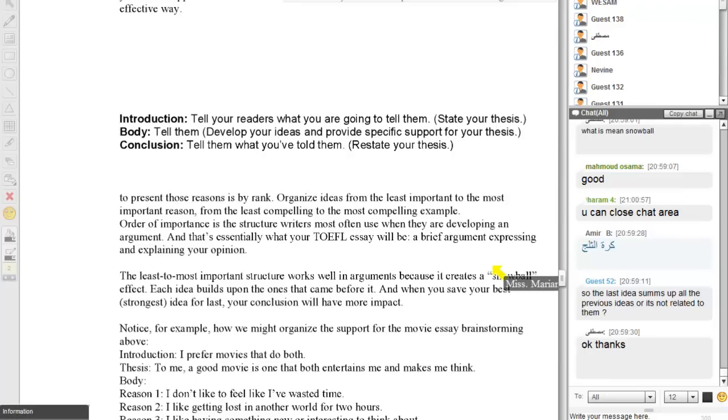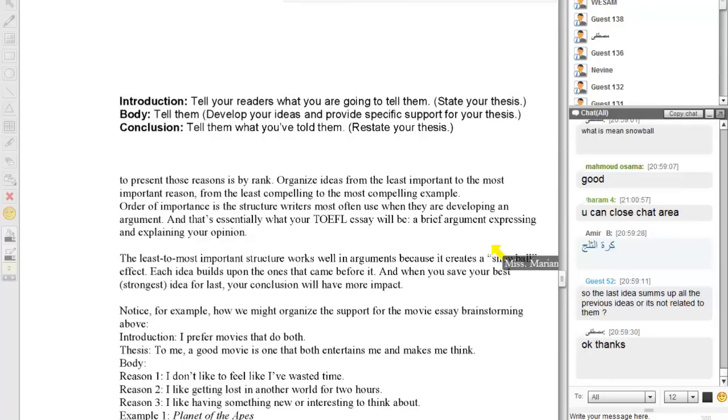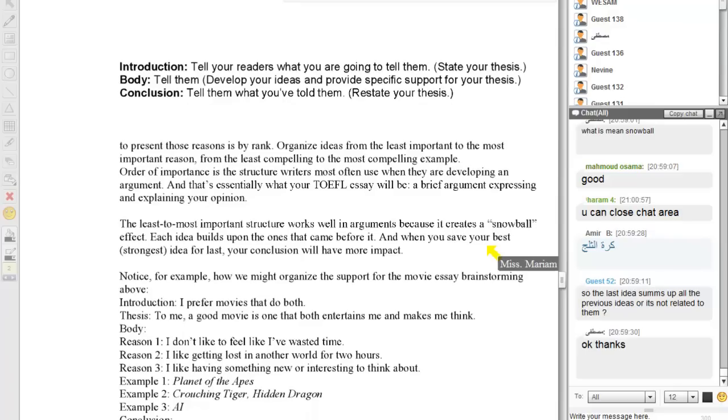You know the saying, keep the good for the end? When you save your best, strongest idea for last, your conclusion will have more impact.